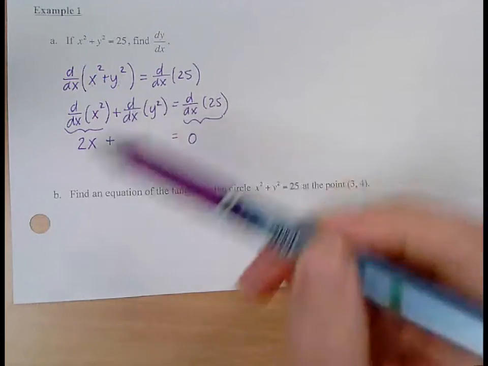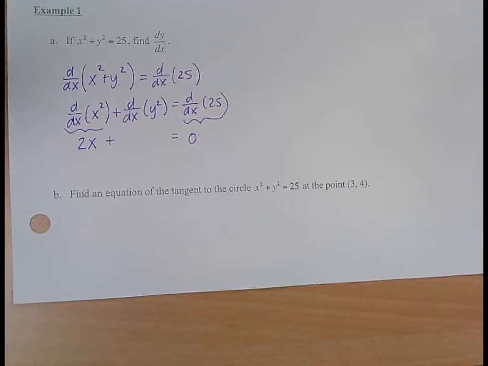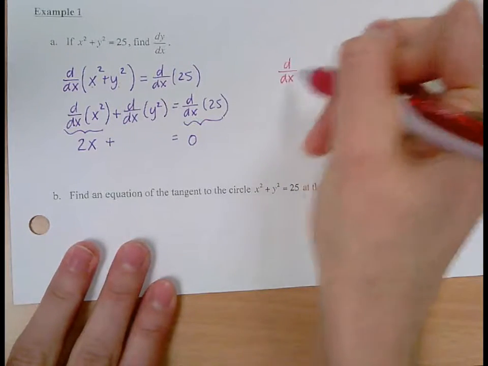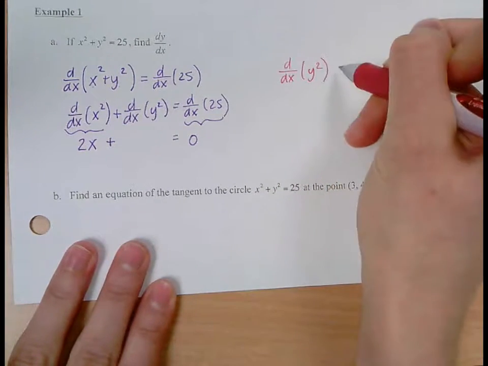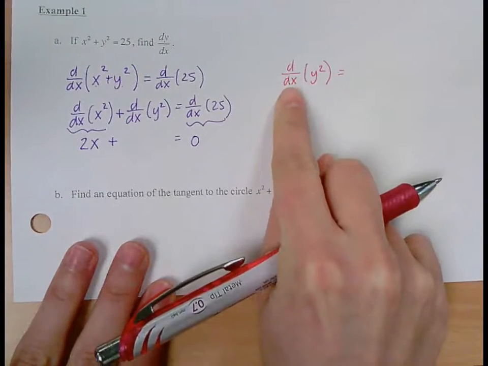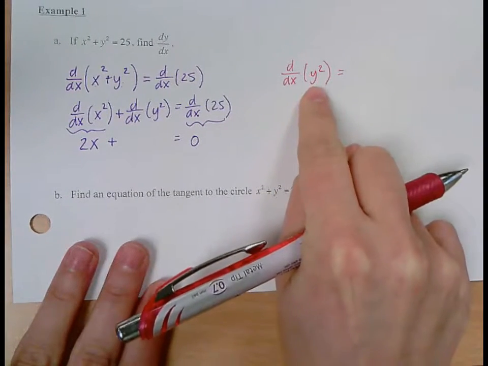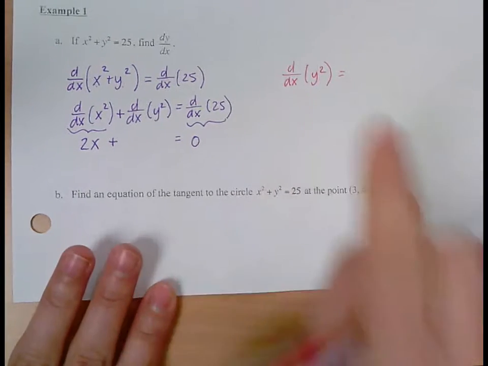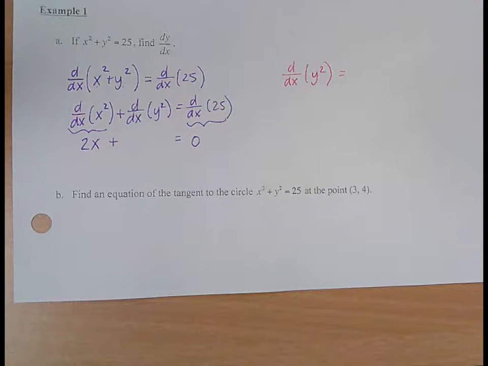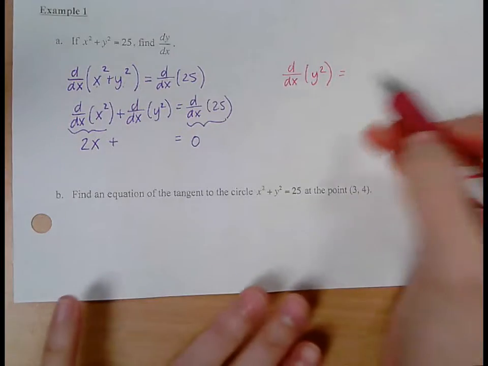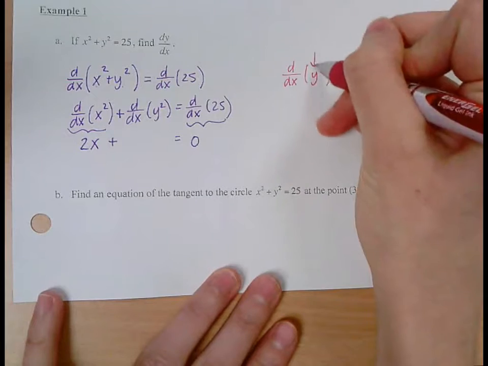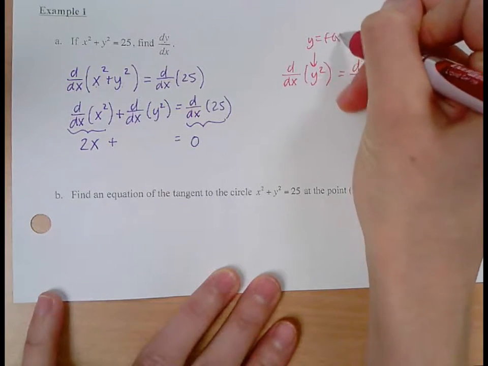So for the derivative of y squared, I'm going to write this off to the side. You are taking the derivative with respect to x of y squared. Since y is not x, the derivative is not just 2y because the variable is different. So if I write this a different way, I'm really taking, remember, y is a function of x.